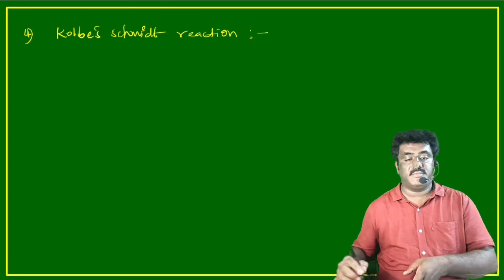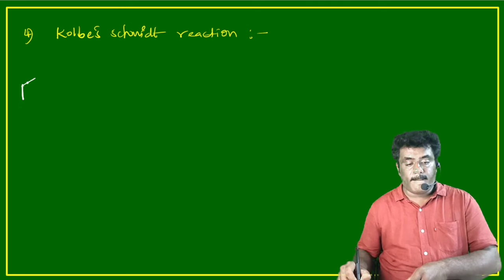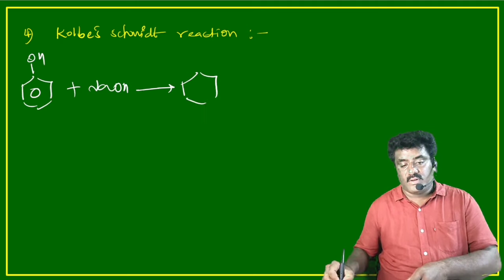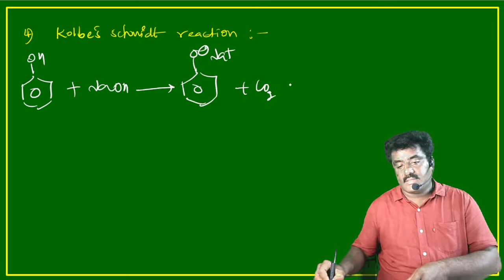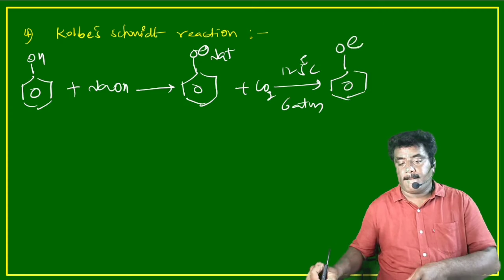Yes, let's move on. Next reaction, Kolbe-Schmidt reaction or Kolbe's reaction. Phenol. See, phenol in presence of sodium hydroxide forms sodium phenoxide, with carbon dioxide at 125 degrees Celsius at 6 atm pressure, forming COONa plus.